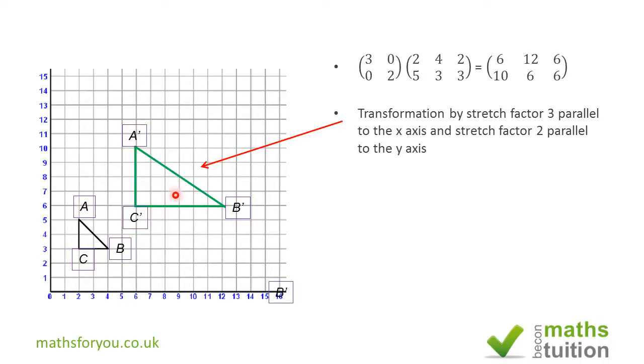This is a combination of stretch parallel to the x-axis with the y-axis being the invariant line, and a stretch parallel to the y-axis with a stretch factor of 2 and the x-axis being the invariant line. So that's what we got there.